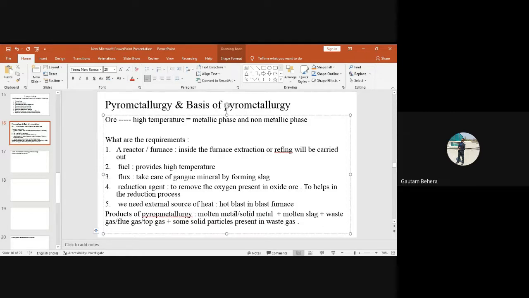But if molten metal forms, then molten slag will form, right? And waste gas will form. Waste gas is basically carbon dioxide, carbon monoxide. It contains some nitrogen and some other gases may be present. And solid particles present in the waste gas means some of the ore will remain in small particle form. They will be carried away by this waste gas.